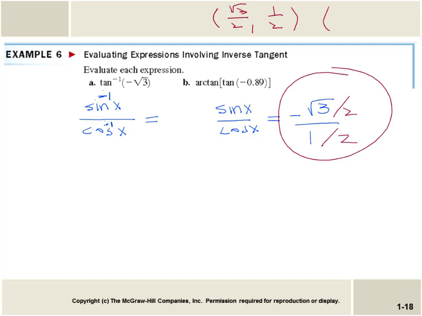So we want the one where the cosine is equal to 1/2 and the sine is equal to square root of 3 over 2. Right, Michael? So which point is that? I just want the reference angle. The reason I want the reference angle is because so far everybody's giving me the wrong answer. Everything's positive. What's the angle for this?